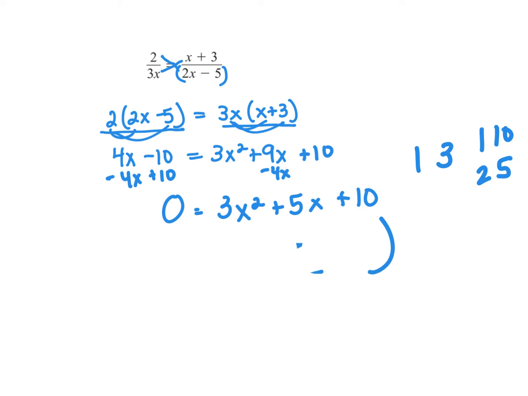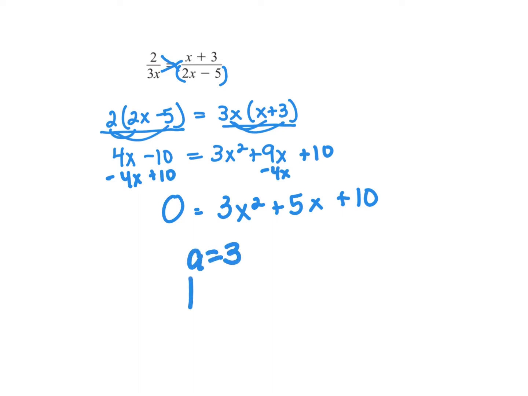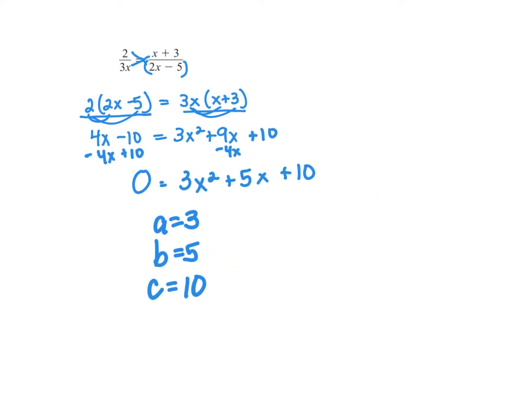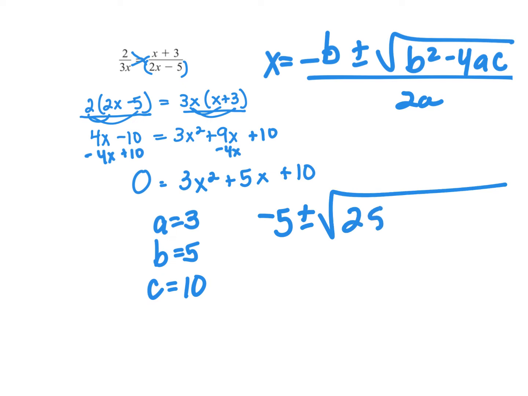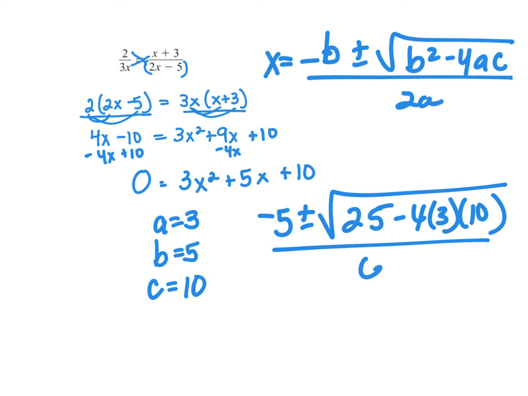Okay, it's worth at least thinking about because it takes a little bit of time to do the quadratic formula. All right, so with the quadratic formula, we have a equals 3, b equals 5, and c equals 10. The quadratic formula is x equals negative b plus or minus the square root of b squared minus 4ac, all over 2a. So we'll have negative 5 plus or minus the square root of 25 minus 4 times 3 times 10, all over 6.